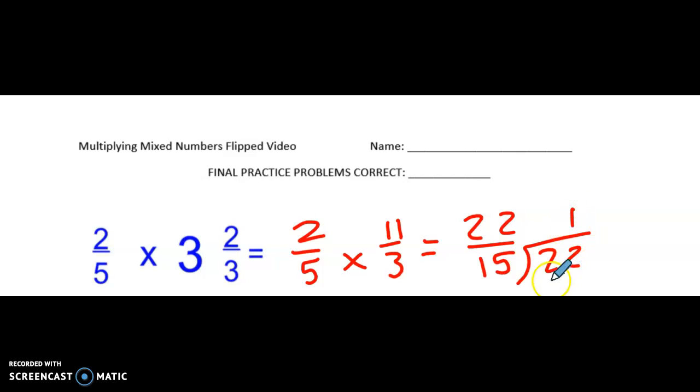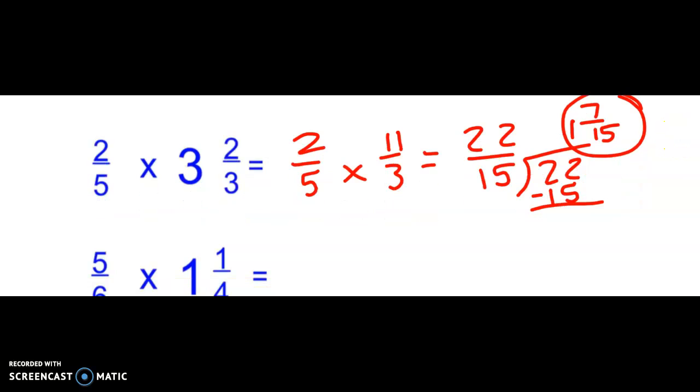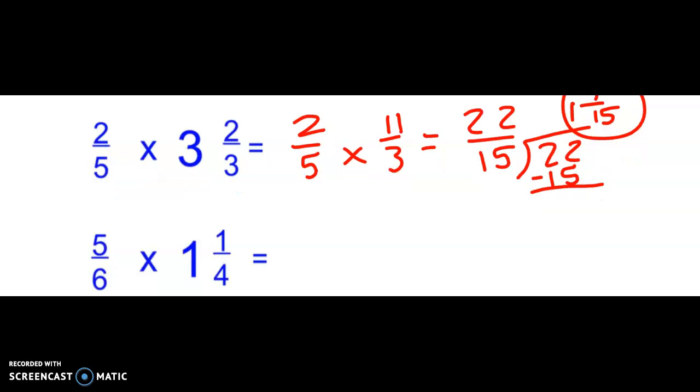Okay, and your final answer, when you fix that improper fraction, will be 1 7/15. No reducing necessary. Okay, go ahead and hit pause. And when you come back, you'll be solving the next question, 5/6 times 1 1/4.